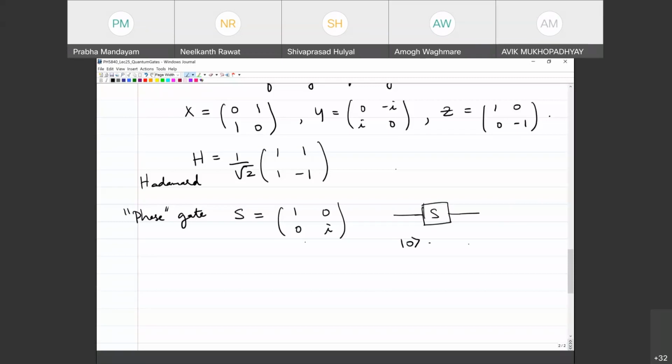It does nothing to 0, and it adds a phase of what? It adds an i to the ket 1. So what is the phase? Pi by 2. Yeah. So it actually adds a phase of pi by 2.